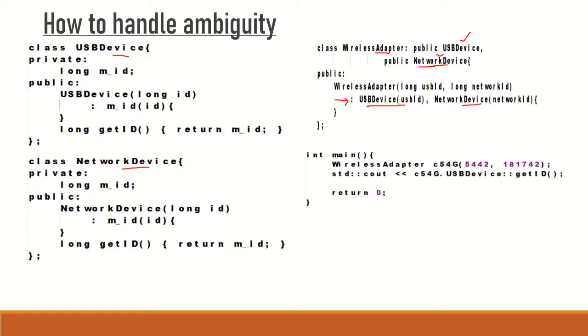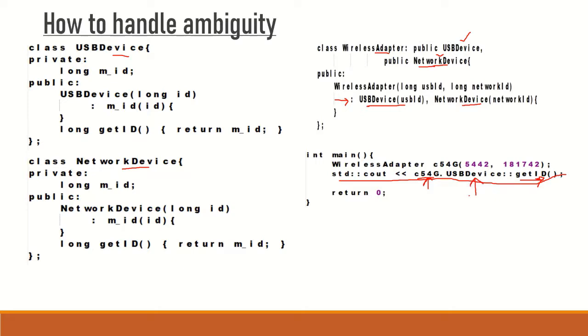The issue we found previously was that when you try to call the get id method from any of its base classes using a derived class object, it raises an ambiguity. Here we introduce the solution. Look at this line again, because this line previously raised the compile time error. Here we did not call get id directly.